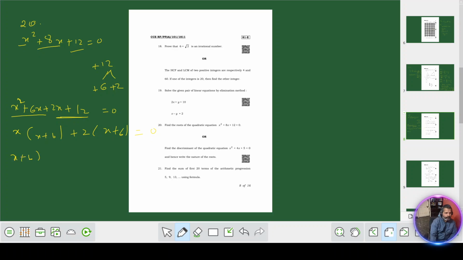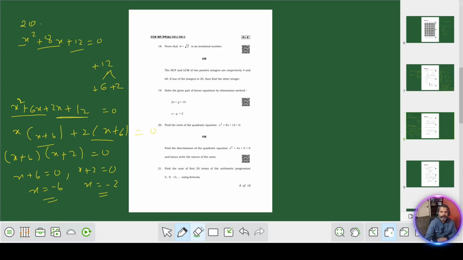What is remaining? X and plus 2, right? X plus 6 if you take common, x is remaining, plus 2 is remaining. Each of the brackets you equate to 0, you will get the value. This is the solution. Okay, clear?